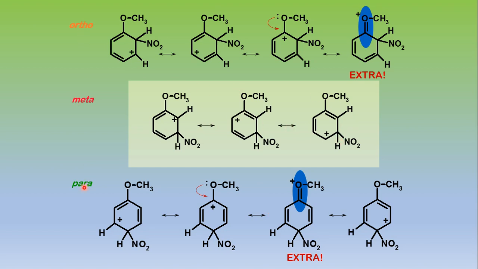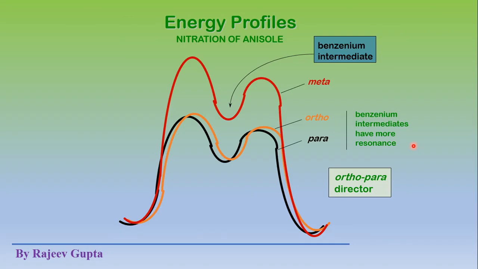So obviously ortho and para attack is favorable, because the ortho attack intermediates and para attack intermediates are more stable compared to meta attack. This is the energy profile diagram of nitration of anisole. For ortho and para addition, we get almost the same energy profile diagram.